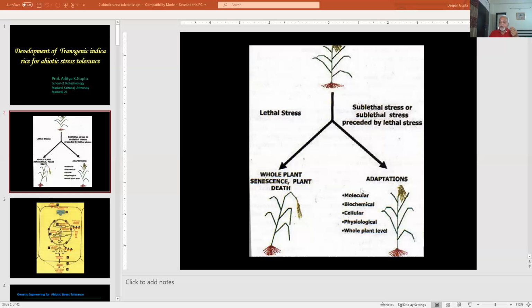So this sequence of events from molecular to biochemical to cellular to physiological, and then the whole plant, leads to adaptations.